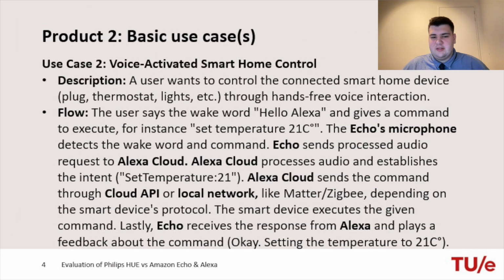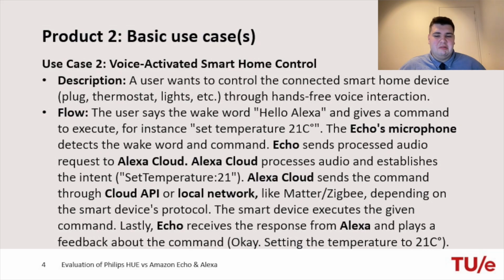Another use case is if a user wants to control a connected smart home device, for example, plugs, thermostats or lights, with his voice. The flow is the same until we reach the cloud. After Alexa processes the audio, it establishes that the intent of the user is to execute a command, for example, set the temperature to 20.